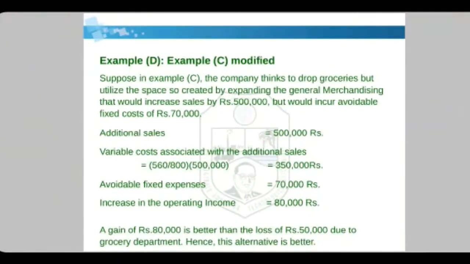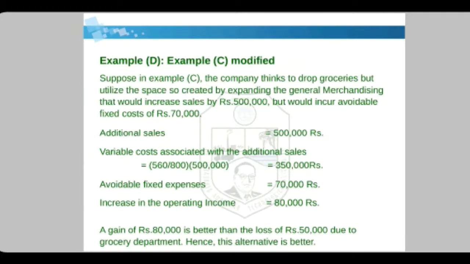Now example C is modified. Suppose in example C, the company thinks to drop the groceries department, but utilizes the space so created by expanding the general merchandise. So they think to drop the groceries department, and whatever space is created, they will utilize that space to expand the general merchandise department.